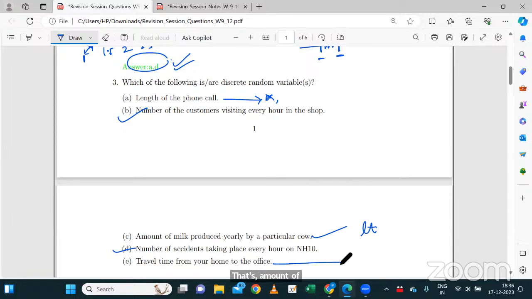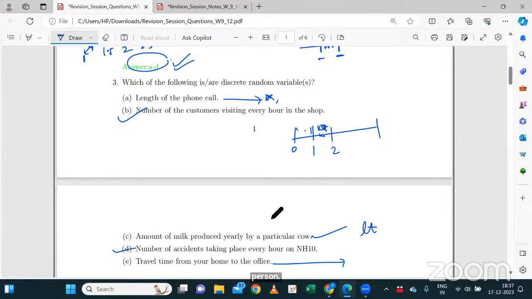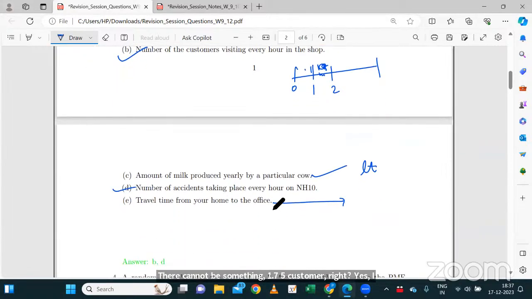Travel time you also have to measure, in hours or minutes. But the number of customers visiting the shop every hour, I can easily count. It will take distinct values: zero customers, one customer, two customers. There cannot be 1.75 customers. Similarly, the number of accidents. So B and D are correct.